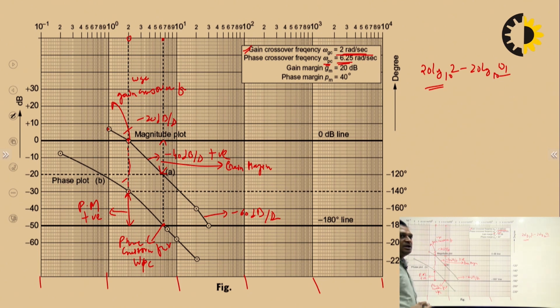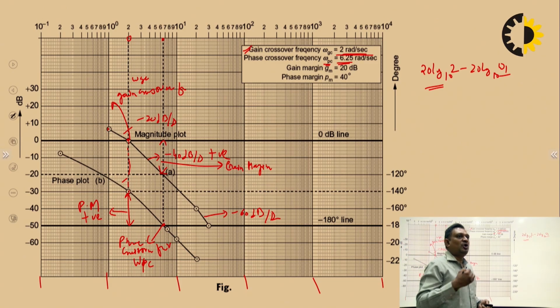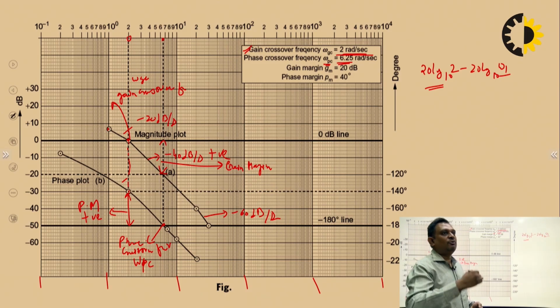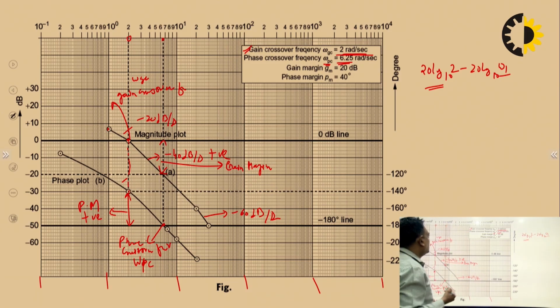A decade is the span in which the frequency becomes 10 times the previous frequency. Depending on how many frequencies we have to accommodate, we choose the semi-log paper and the scale, like a small block of 2 dB, 4 dB or 5 dB. This is how we have calculated the gain crossover and phase crossover frequencies.